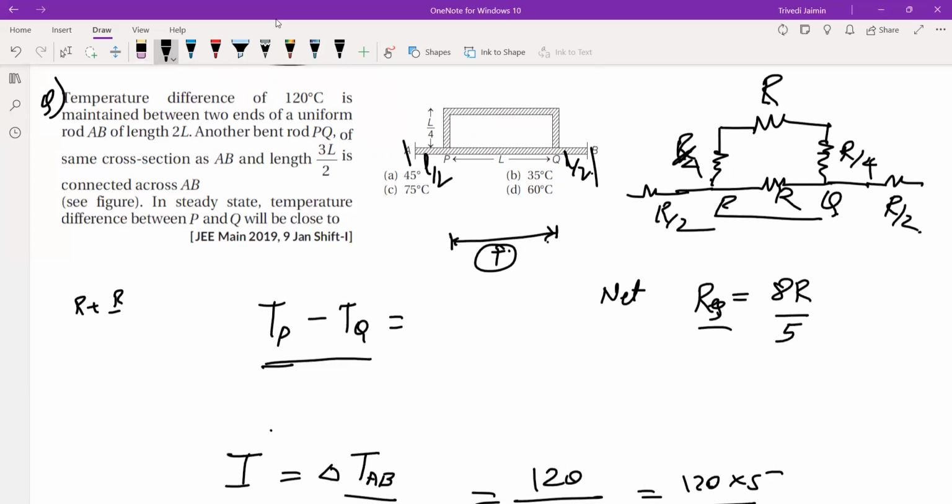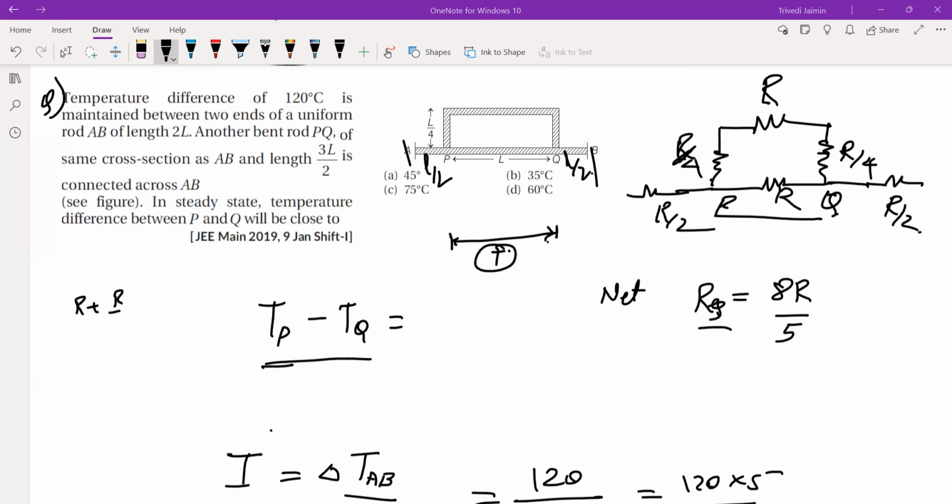What is the value for this square? So I don't have to solve again. Tell me. What's the value for this square, if you have written? Tell me fast. What was R equivalent for that square itself?